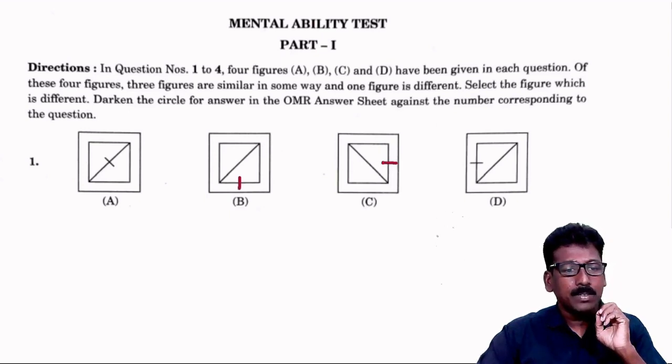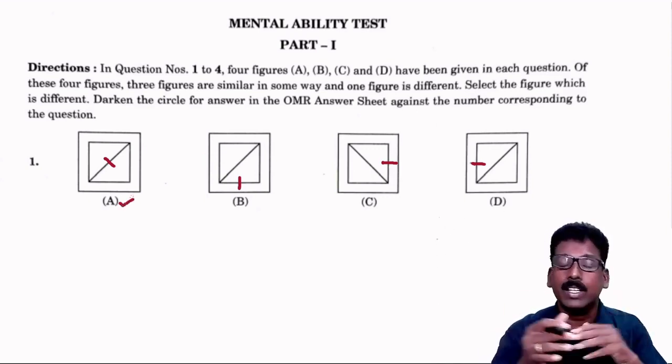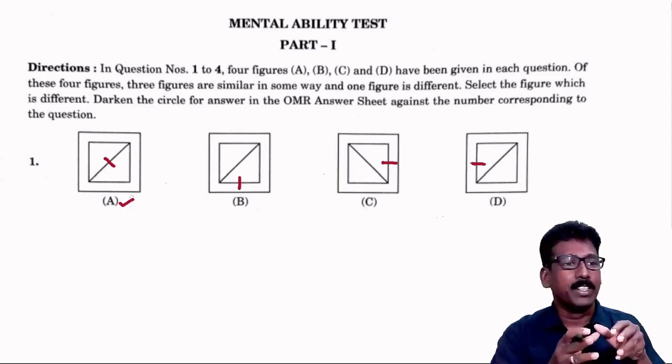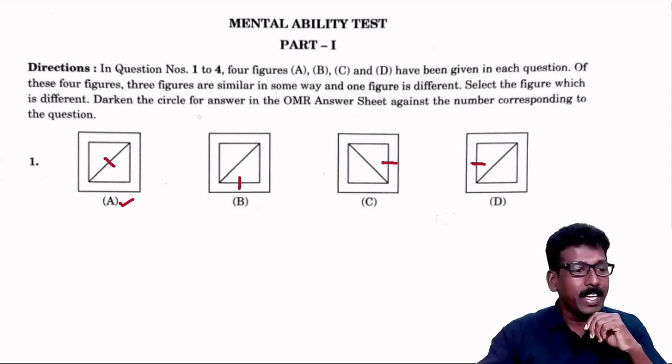You can see here in each side it is there, but in the first figure on the diagram, so the first one will be different from other three. So this different figure you have to find out in part 1. So your answer is A.